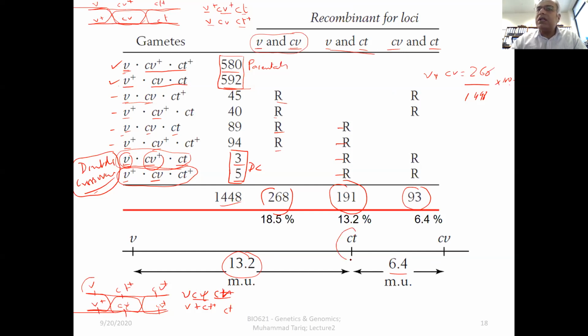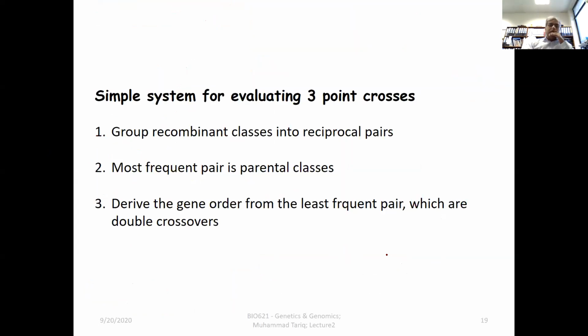You already determined the order through double crossover. You have already known this, so you will say, okay, cut is in the middle, and that's how the gene organization on chromosomes is. There are 3 simple principles to remember for a 3-point test cross.